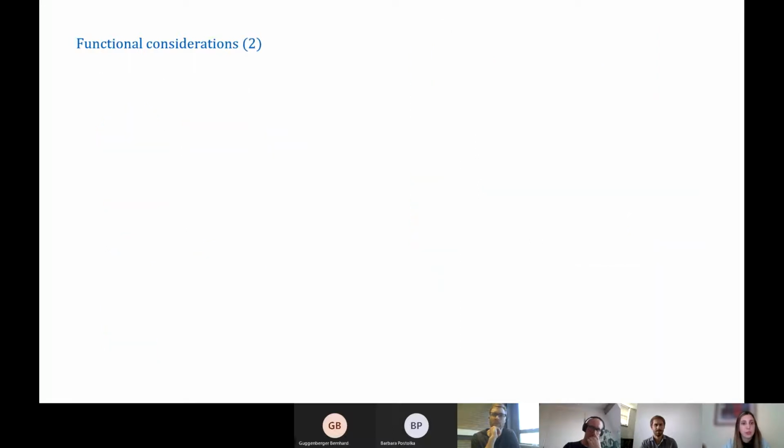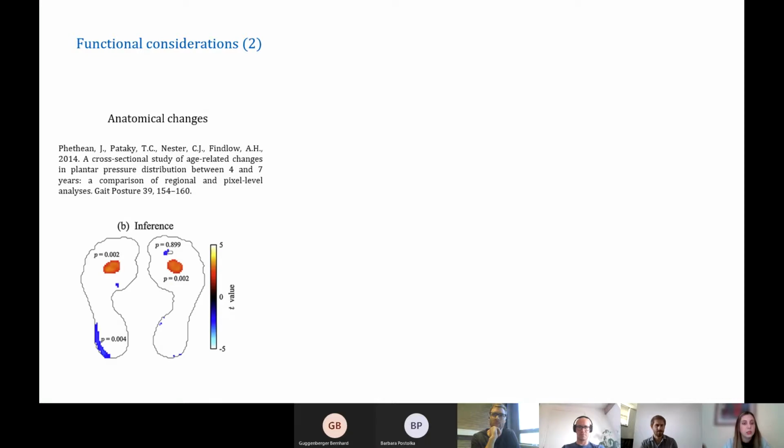Apart from this, we also try to explain why plantar pressure significantly increased in the central forefoot. We started by considering anatomical changes. We have this paper, the only one that used this approach in children, that found that pressure increased significantly in the central forefoot between 4 and 7 years.